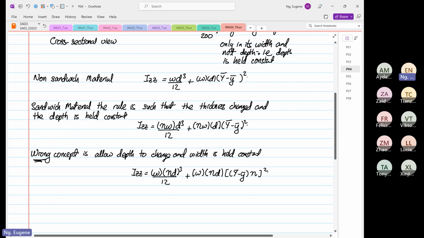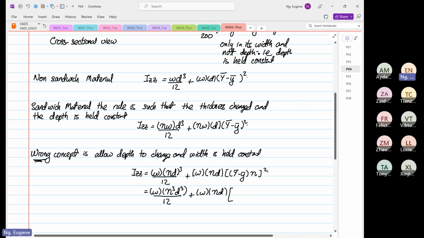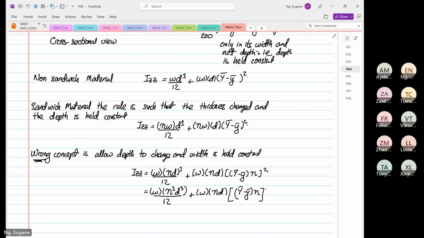So the problem comes here. You have a width. Now you cube your N value, N D cubed over 12. This is just purely wrong, and makes the analysis very complex. And then over here you have N D, and then you have this term over here. So it makes the analysis really complex. So this is wrong.